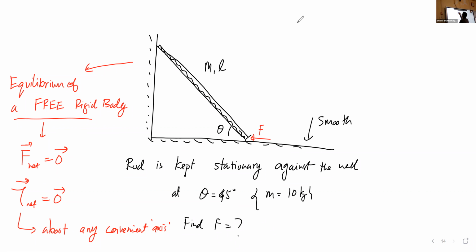So there is one normal force like this acting on the rod. There's one normal force acting like this. Okay. And there is its own weight acting through the center. Okay. Let's say this end of the rod is A, this end of the rod is B, and the center is C.